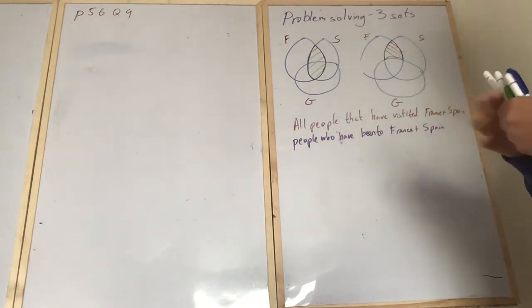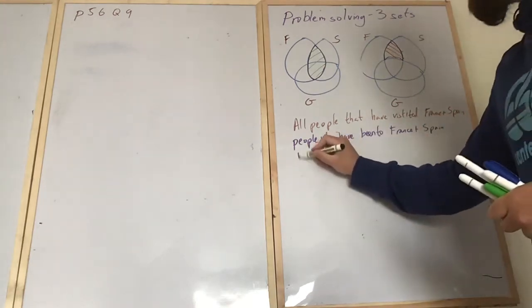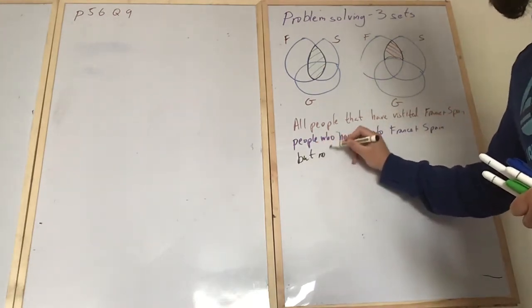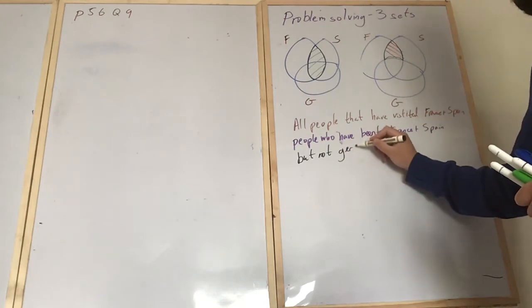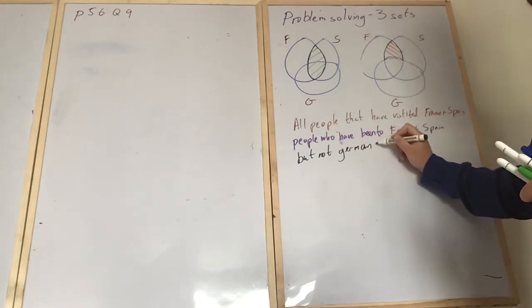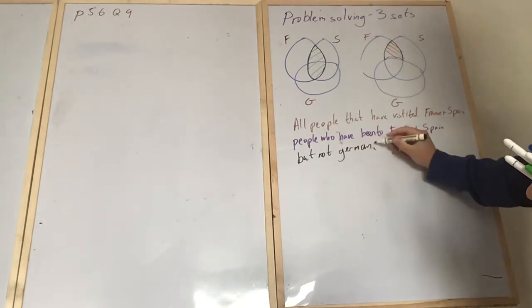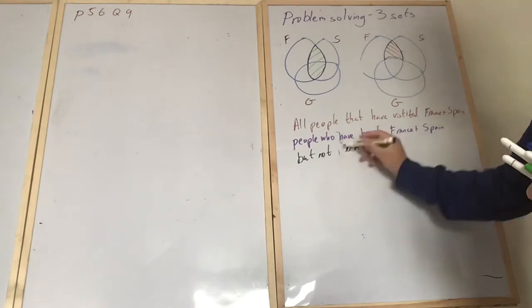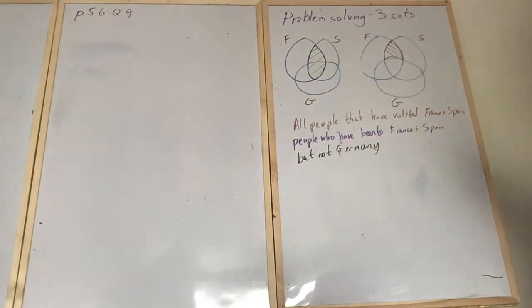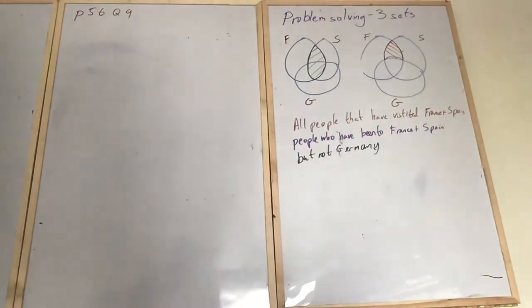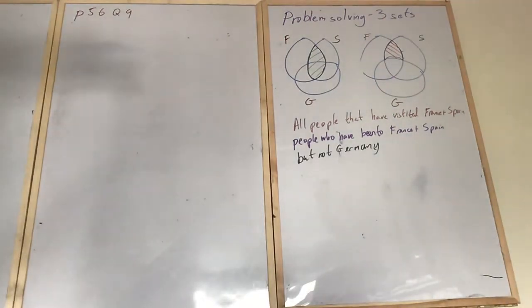Here's the kicker, but not Germany. And why? Because it is a capital letter. I'm sure your geography and English teachers would want a capital G for Germany. Okay, so with regards to problem solving, you need to know the difference.